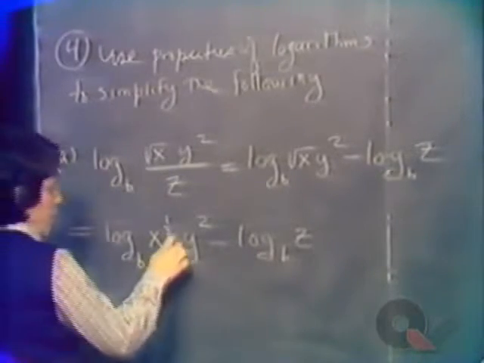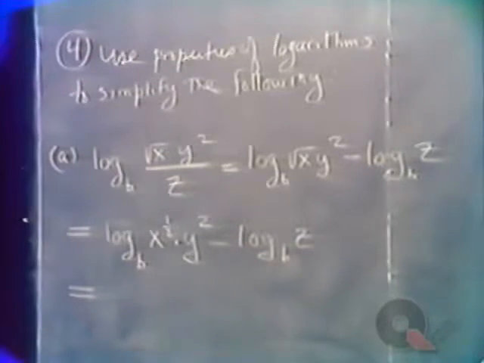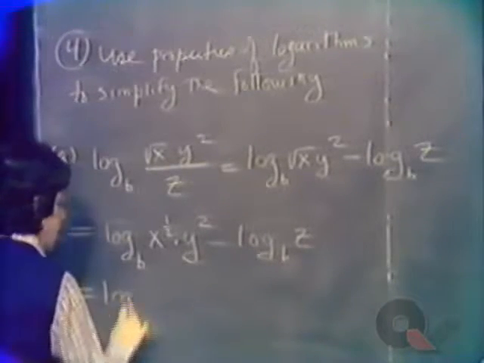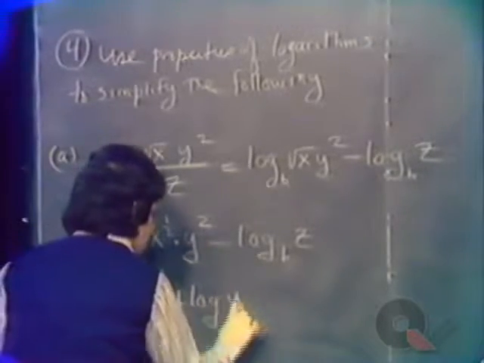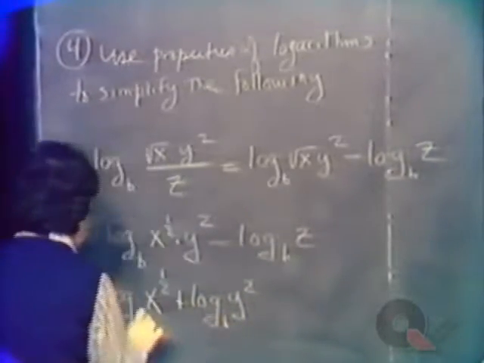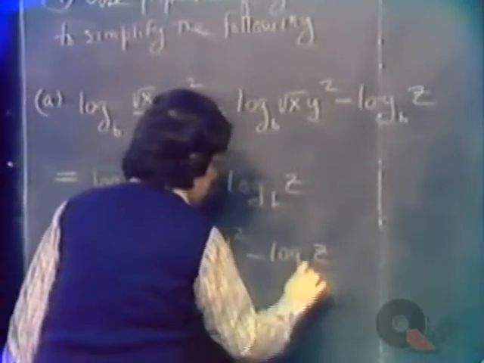Now over here I notice a product. The log of a product is the sum of the logs of the factors. So I can say it's the log of x to the 1/2 plus the log of y squared, both to the base b, minus the log of z to the base b.